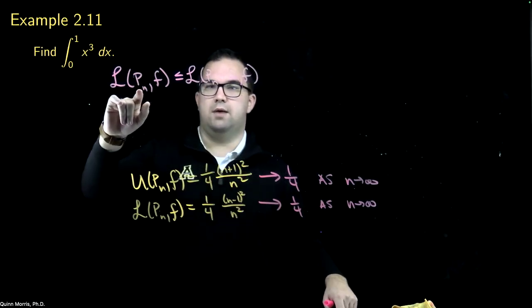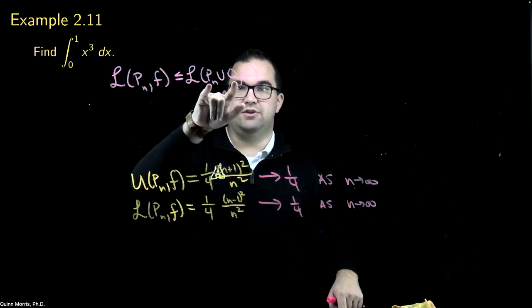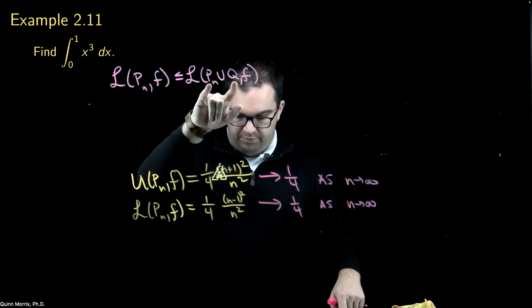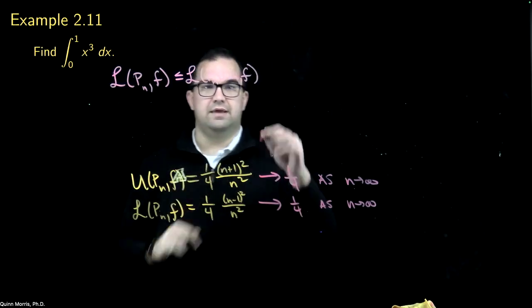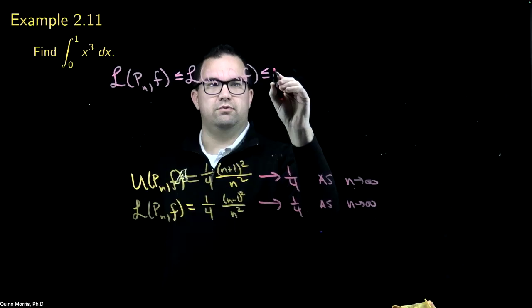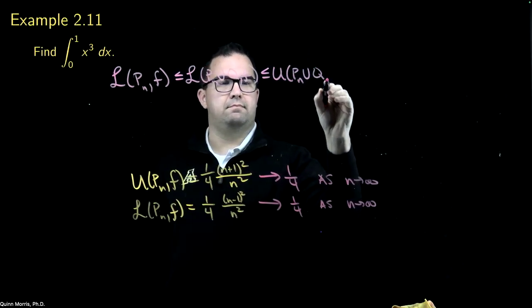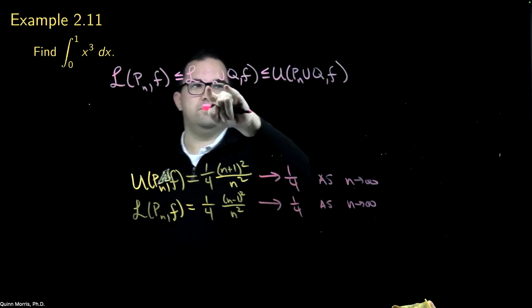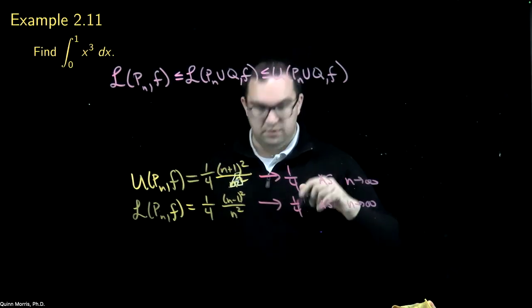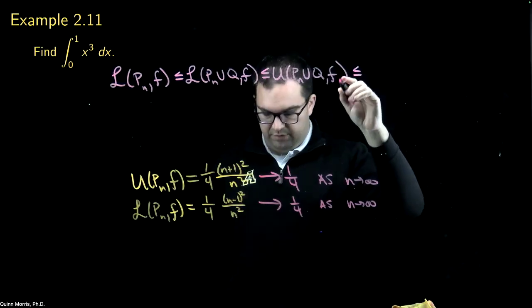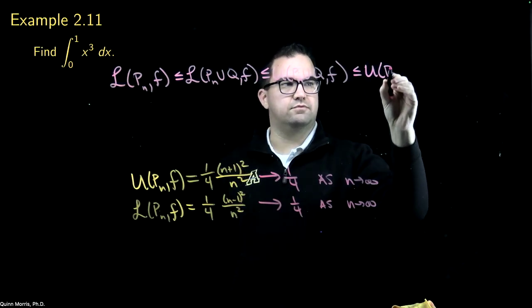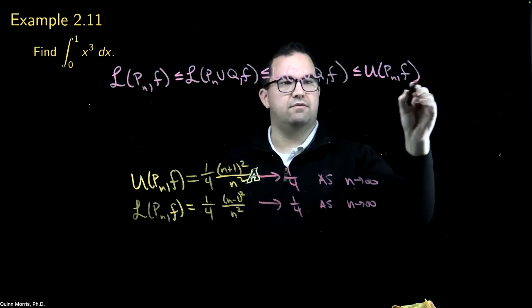We would call this the common refinement of P sub n and Q. This is less than or equal to the upper sum over this same partition, which is less than or equal to the upper sum of just P sub n of f.